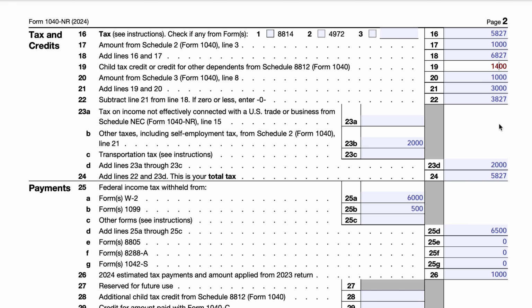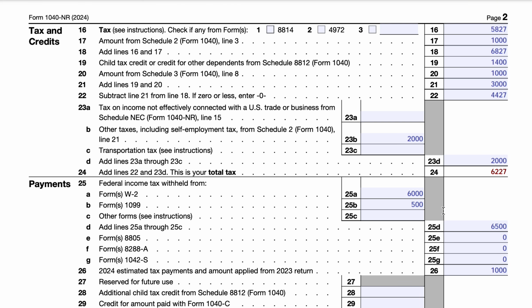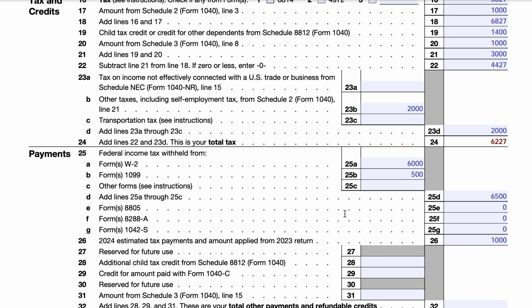So we're going to correct this, and that actually gives us an increase of our tax bill here. And then now we're going to take that $600, since it was the additional child tax credit, we'll put it down here.